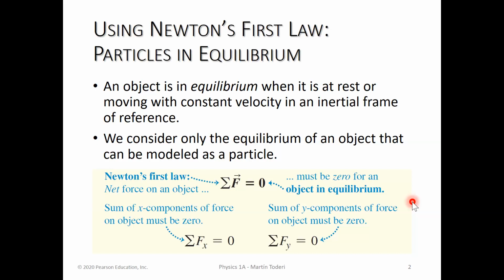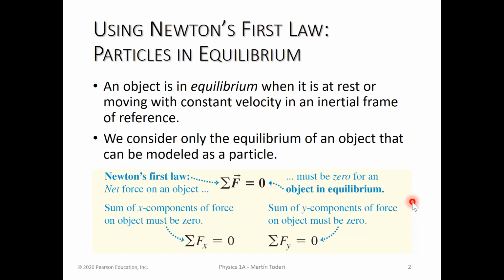So each of the components of the projections into the axes has to be 0 too, meaning that we'll have the component of velocity constant in each of the axes, or constantly 0. So that's one aspect, taking into consideration that the net force is 0.